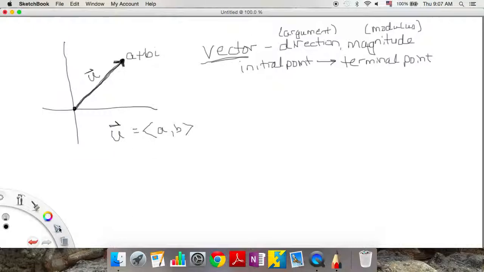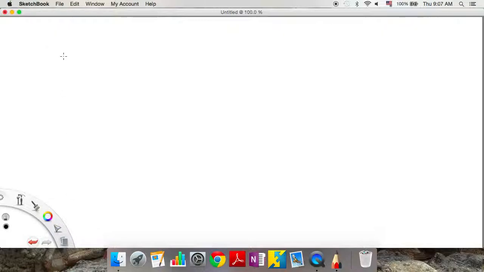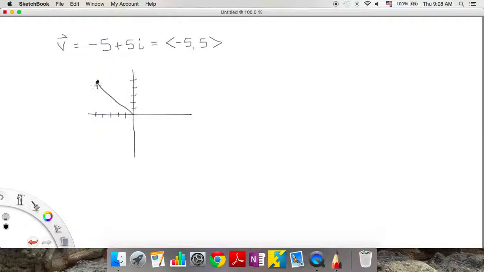So if we have this complex number and we want to represent it as a vector, then another way we could write it is with this vector notation, but it's the same graph situation as when we're just plotting the point. So we have 1, 2, 3, 4, 5. So there's our terminal point, and there's our vector heading to that terminal point.